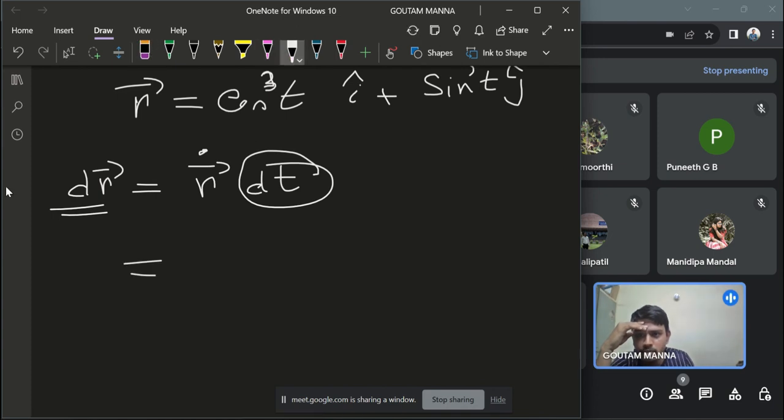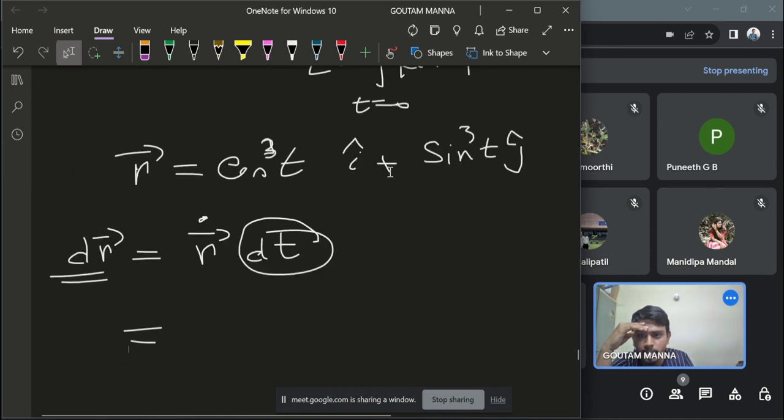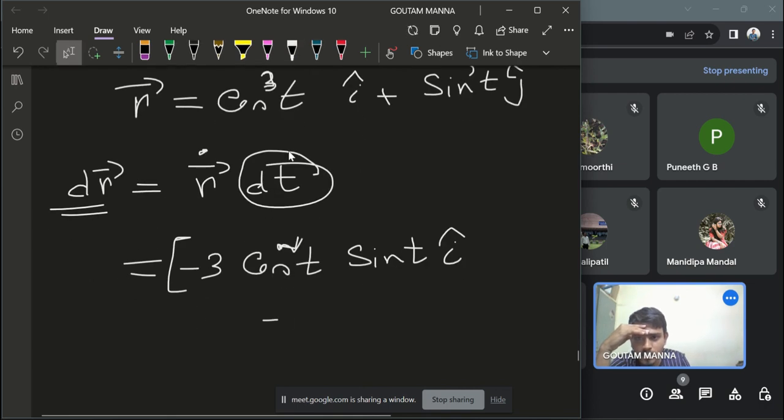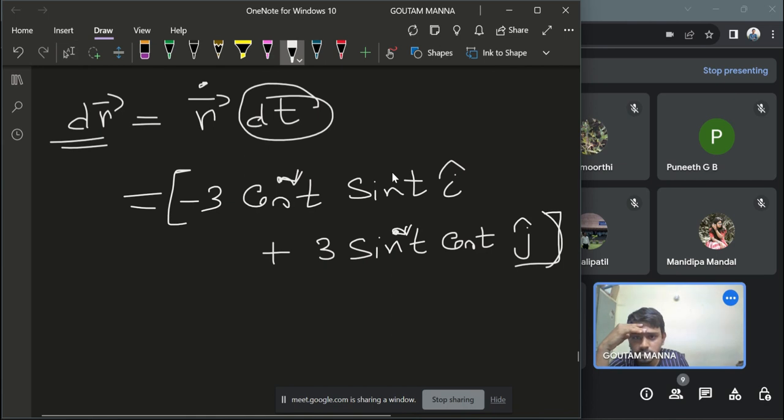So dr will be, r dot is 3 cos square t, there is a minus sign, sine t i cap plus 3 sine square t cos t j cap, times dt.